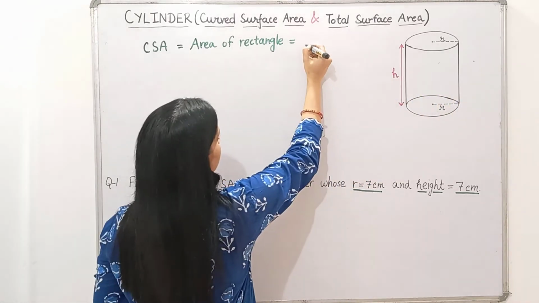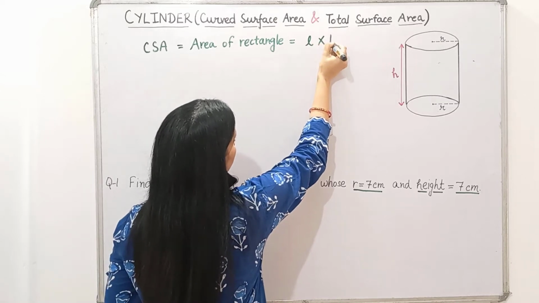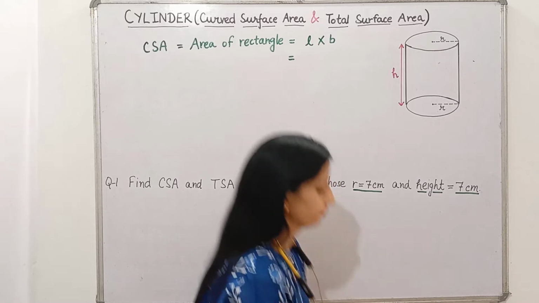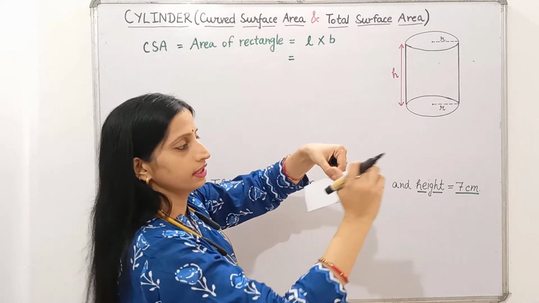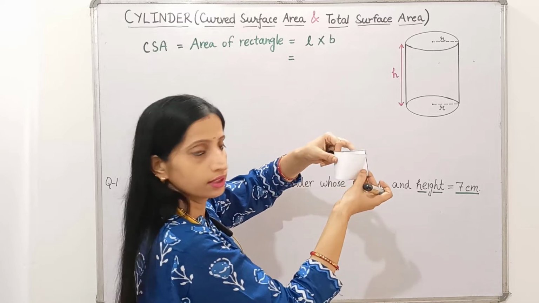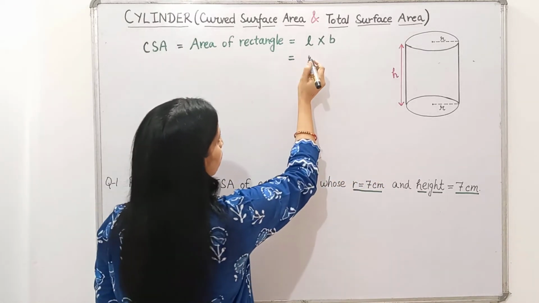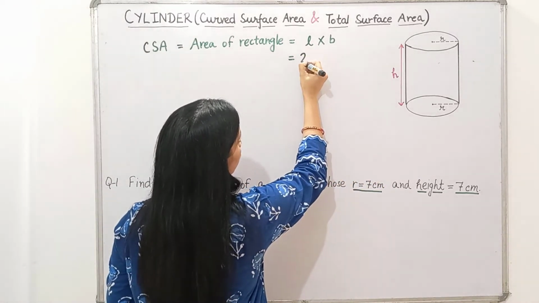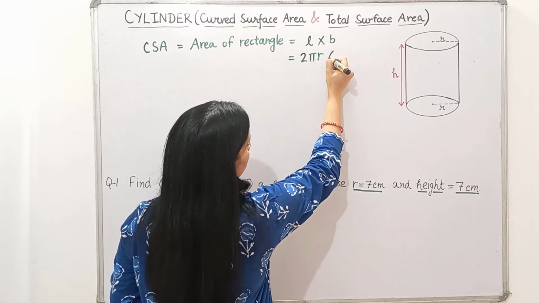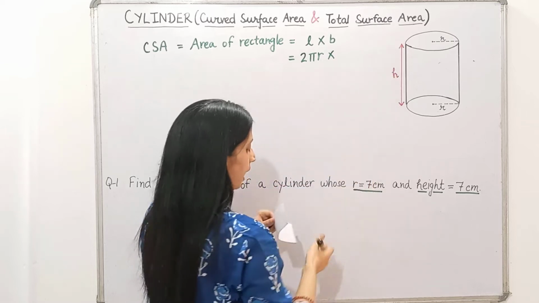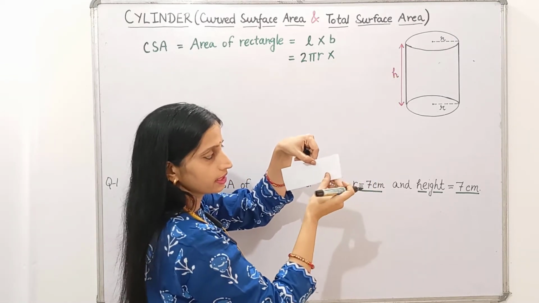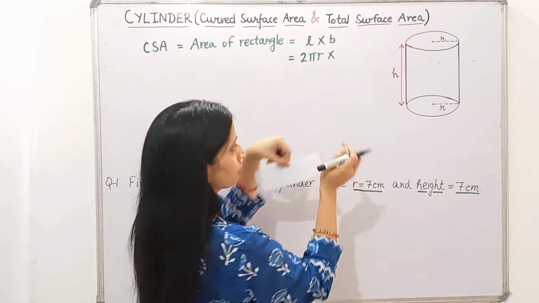And the area of a rectangle is L into B. And what is the length here? See, this is the length, and the length is the circumference of the circle. So the formula for the circumference of a circle will be 2 pi r. And what is breadth? It is the height of this cylinder or height of this rectangle. So this is h.